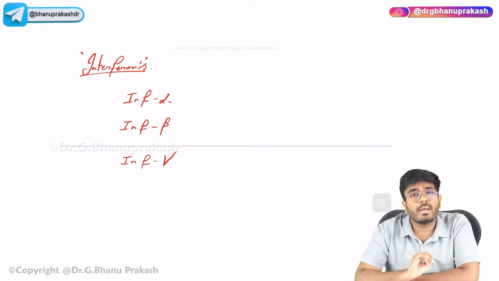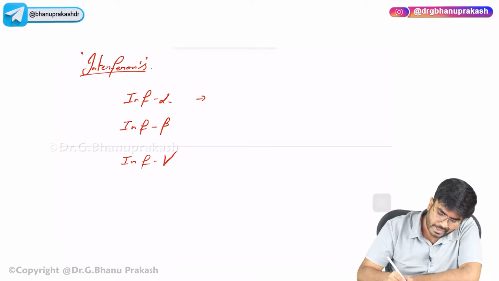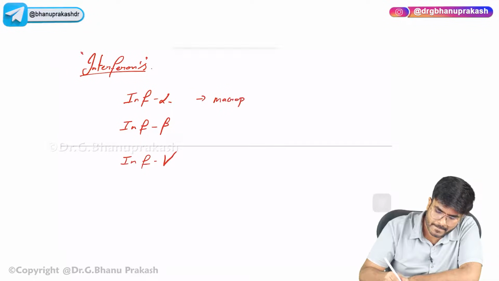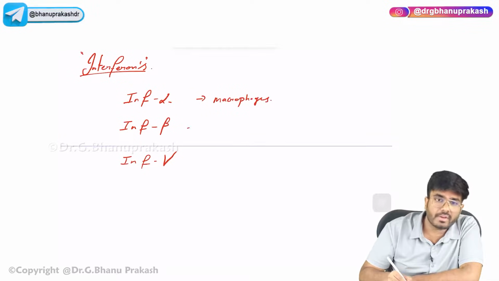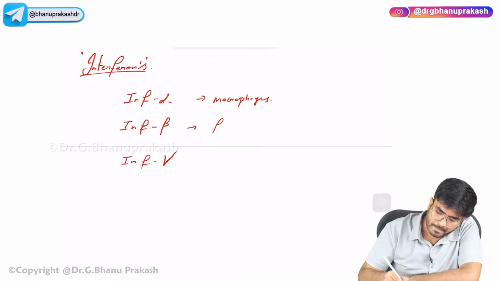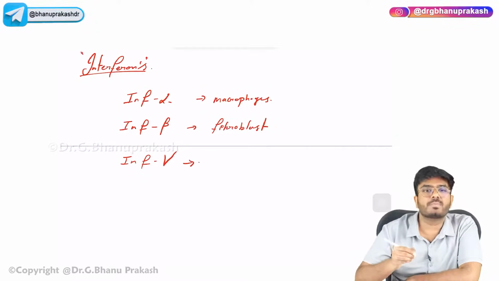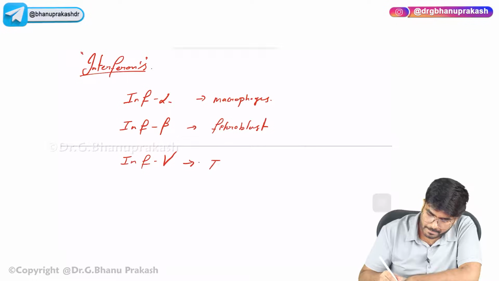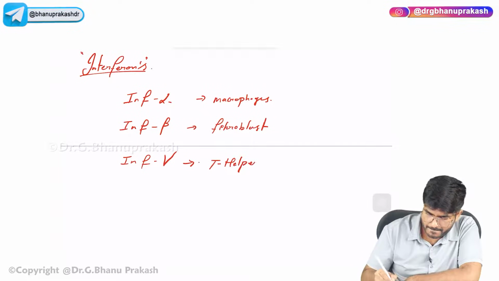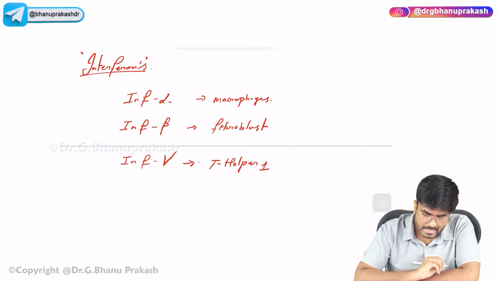Interferon alpha is produced by macrophages. Interferon beta is produced by fibroblasts. And interferon gamma is produced by the T helper 1 cells.